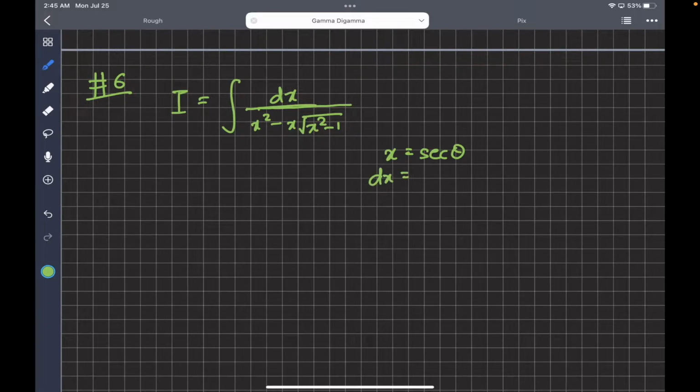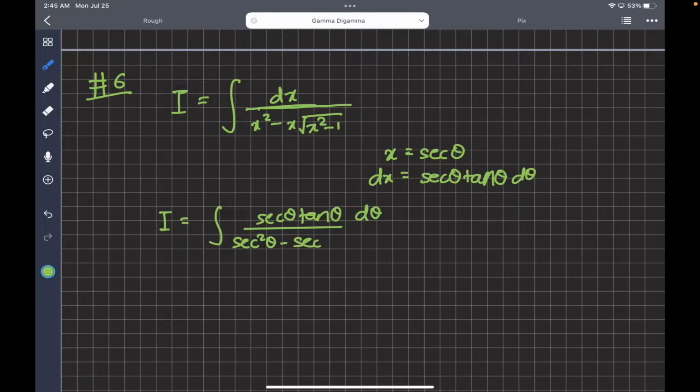So dx is secant theta tangent theta d theta. The integral therefore becomes sec theta tan theta d theta divided by secant squared theta minus secant theta, and then the radical term becomes tangent theta.